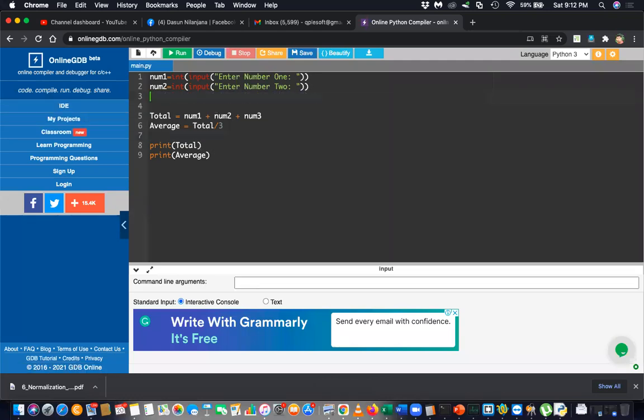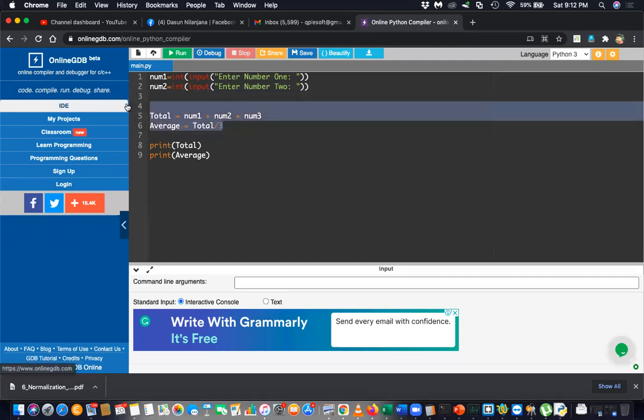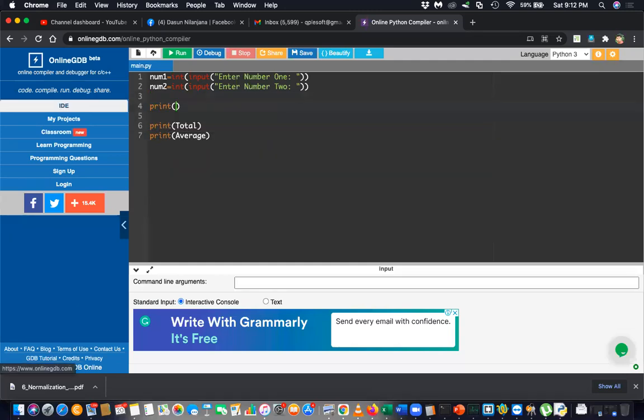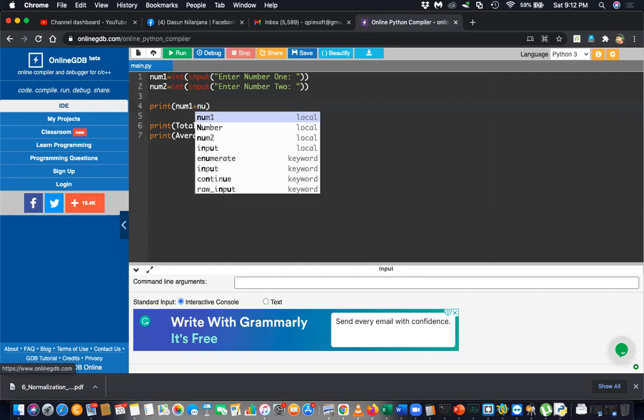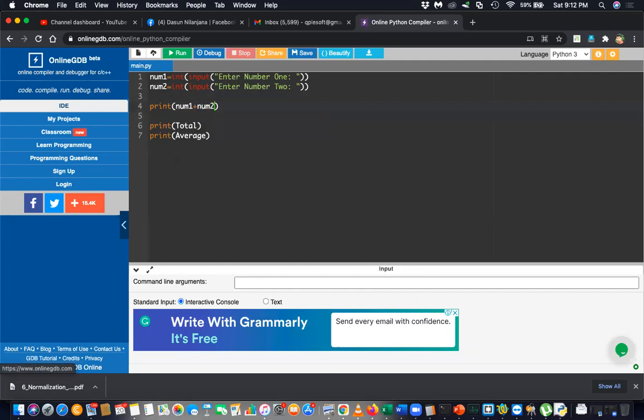Let's insert two numbers and let's print. The first one is number 1 plus number 2. You know that is addition. Then number 1 minus number 2 is subtraction. Then number 1 divided by number 2 is division, and number 1 multiplied by number 2 is multiplication.